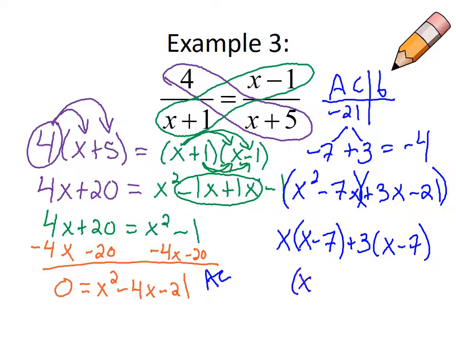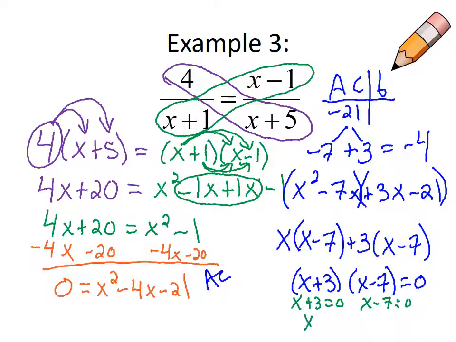So I have x plus 3 and x minus 7 equals 0. So set them both equal to 0. When I do that, I'm going to have x plus 3 equals 0, x minus 7 equals 0. So x equals negative 3, and x equals positive 7.